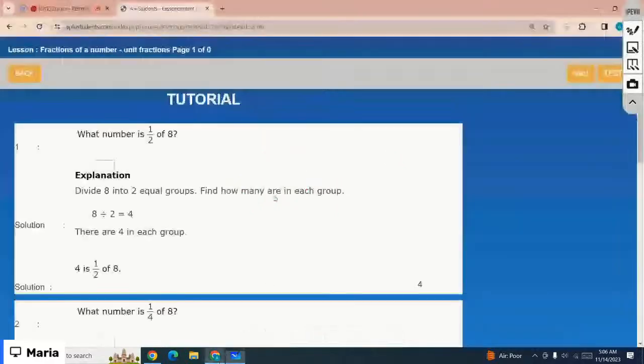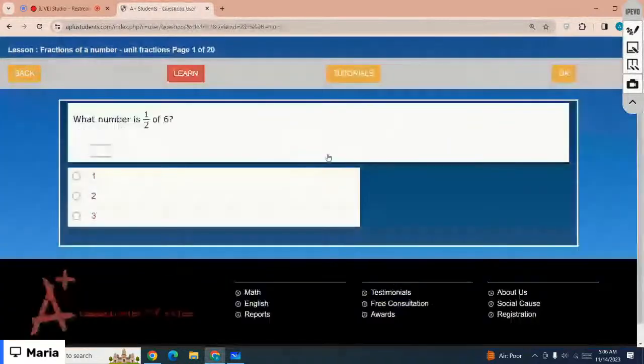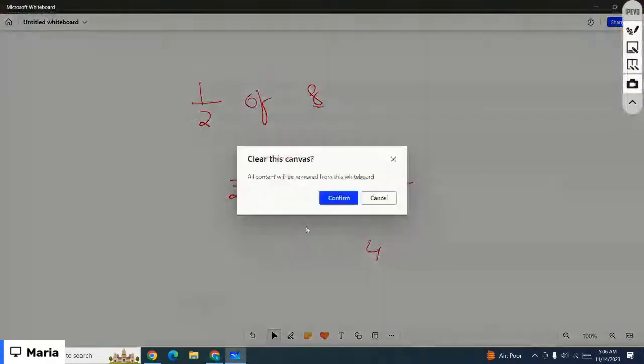Let's just start with the test questions. What is half of 6? You need to calculate half of 6. You can even think logically. Half means you have to do 1 by 2 times 6, right?